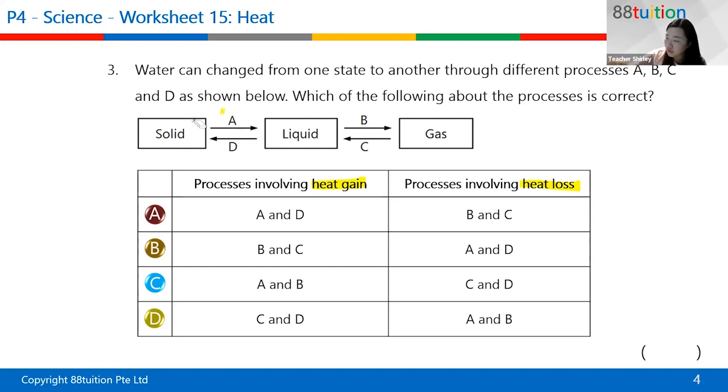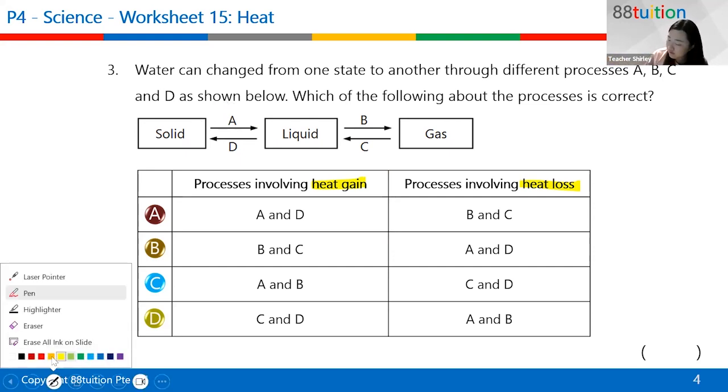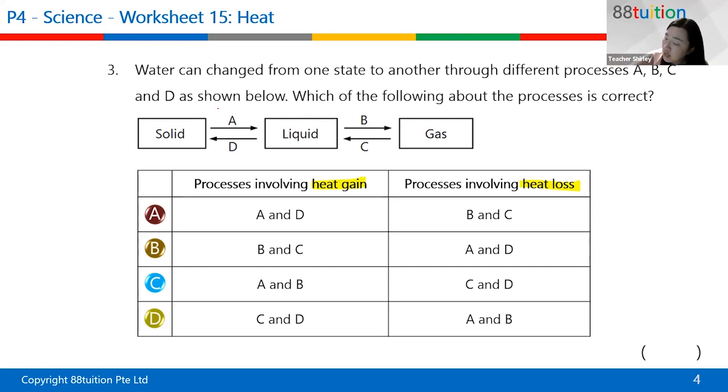Oh, let me change the color. Okay, solid to liquid, the process is melting. Liquid to gas, the process is either boiling or evaporation. Gas to liquid is condensation. Liquid to solid is freezing.